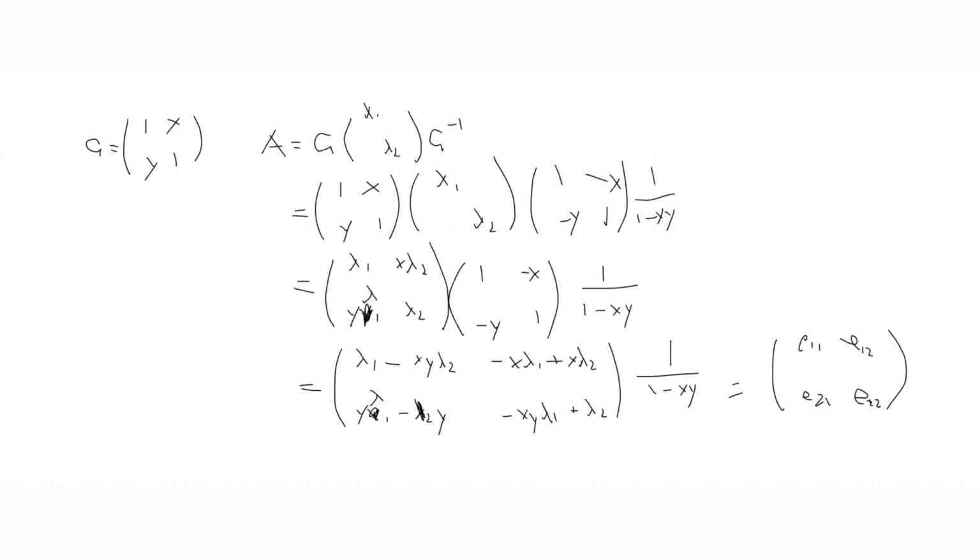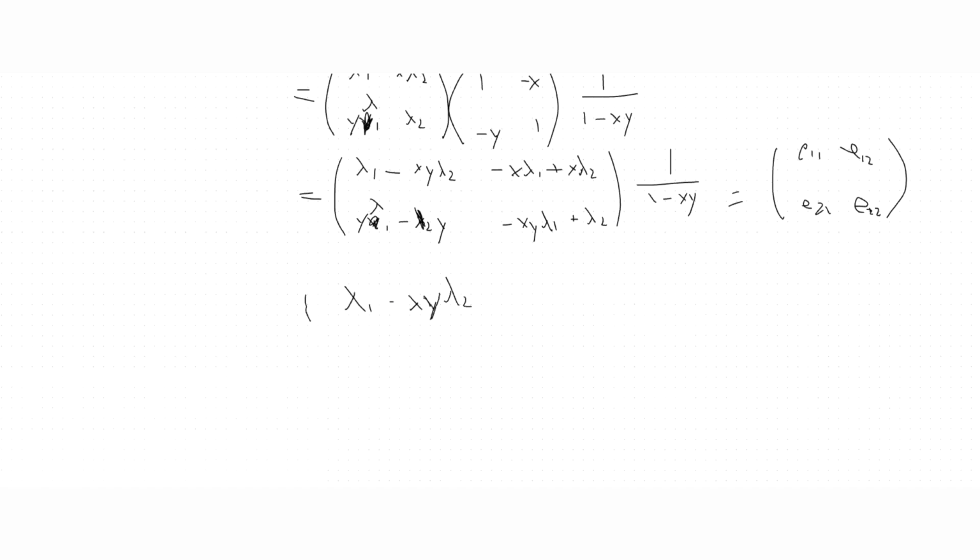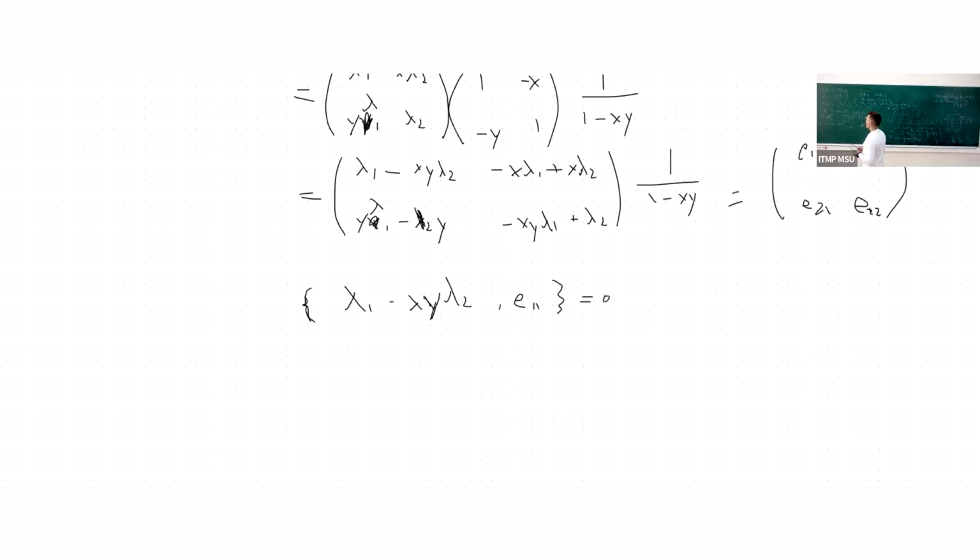So it should be, let's say, lambda 1 minus xy, lambda 2, lambda 1, not 2, is the Poisson bracket of E11 is 0. No. You see, it is E11. You have just the identification. Oh, yeah, it is E11.